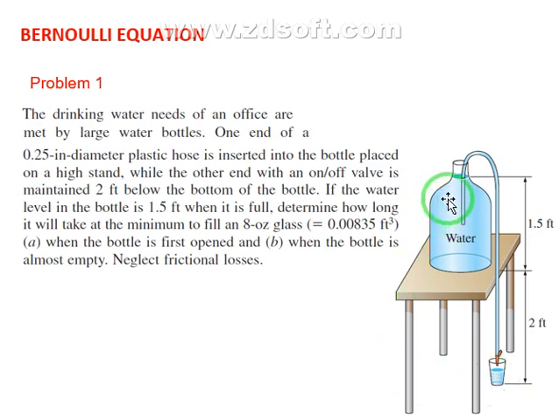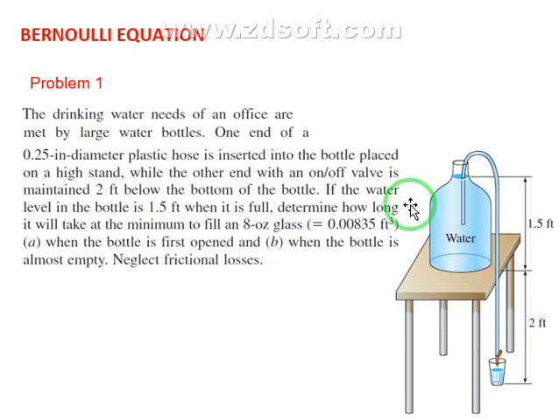First case, when this bottle is almost filled with water. The second case, when the bottle is almost empty. So what we're gonna do, guys, here, it's very direct application. We're gonna assume 2 cases, case 1 and case 2.